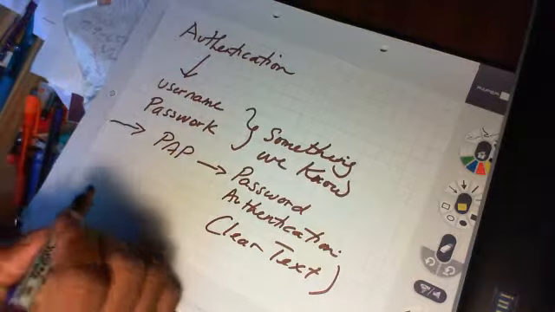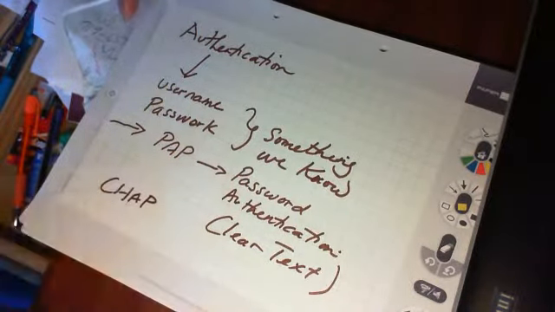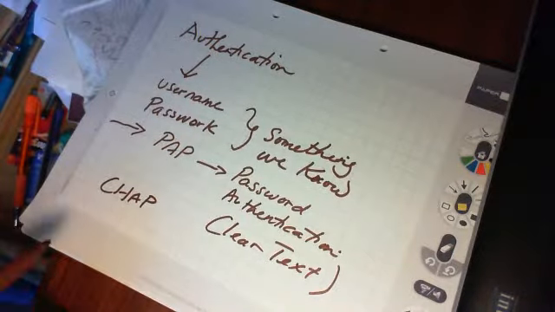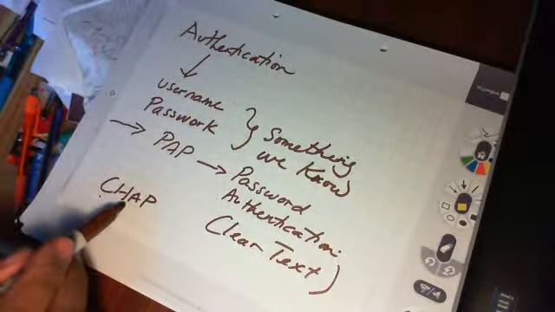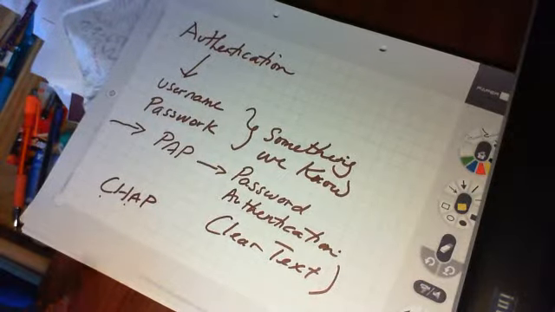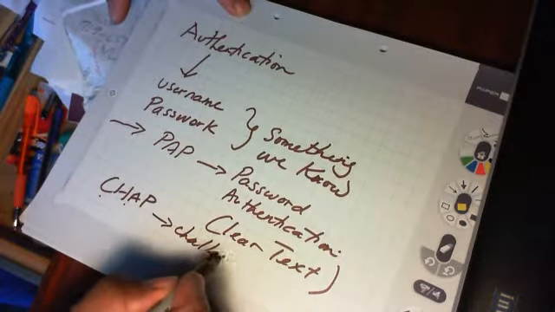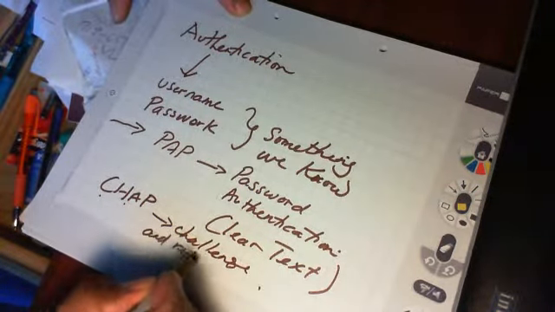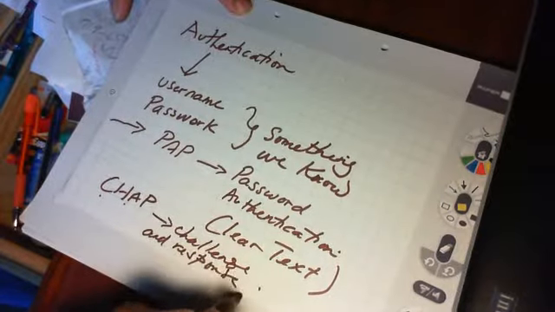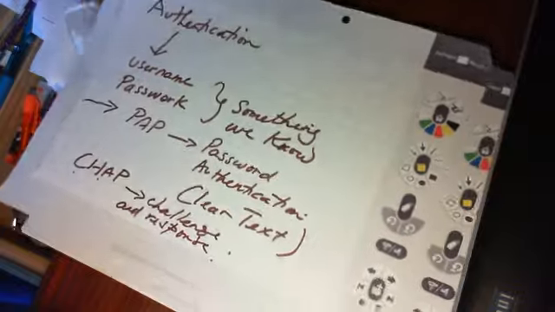The second one is CHAP. A little bit different in the sense that it stands for Challenge and Response Authentication Protocol. Challenge and response: what it does is, you enter your username and password.